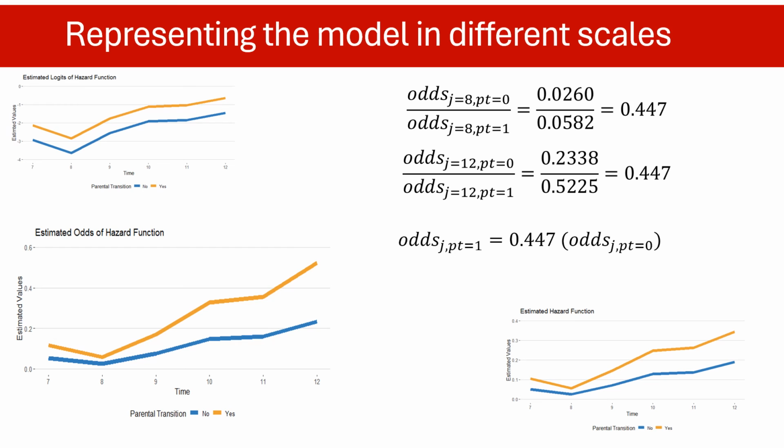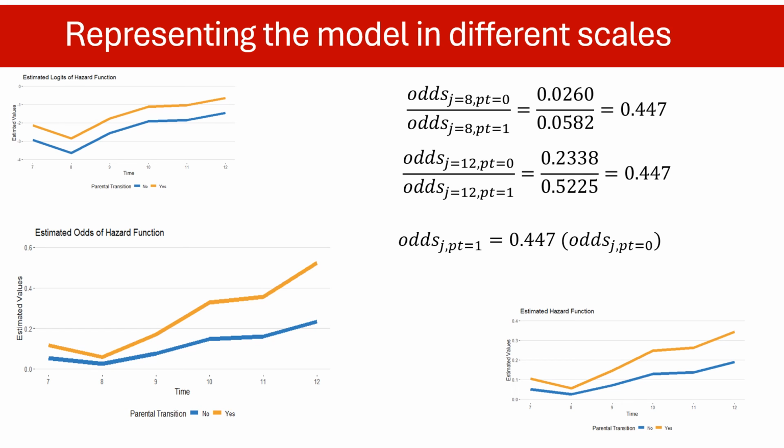But when we transform these estimates in other scales, we see that the picture changes. And here, in particular, look at the larger panel on the bottom left. This panel represents the odds of the event for the two groups. And we can see that the difference between the values of the odds changes over time periods.